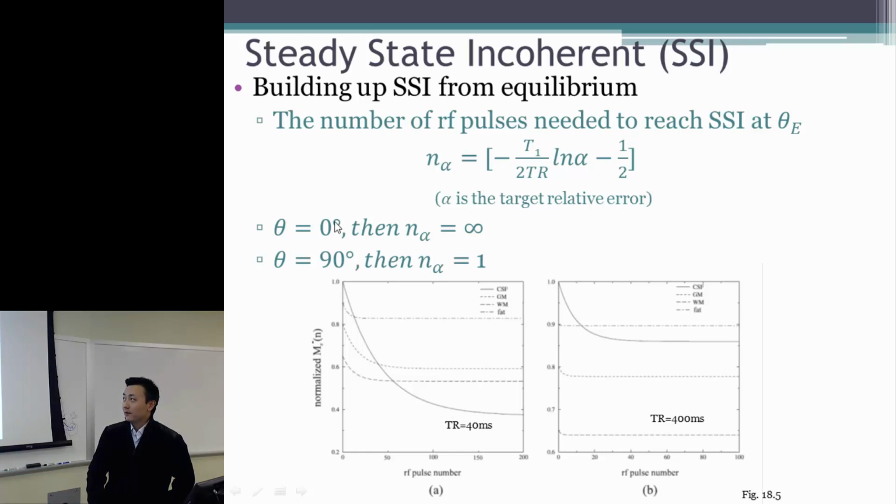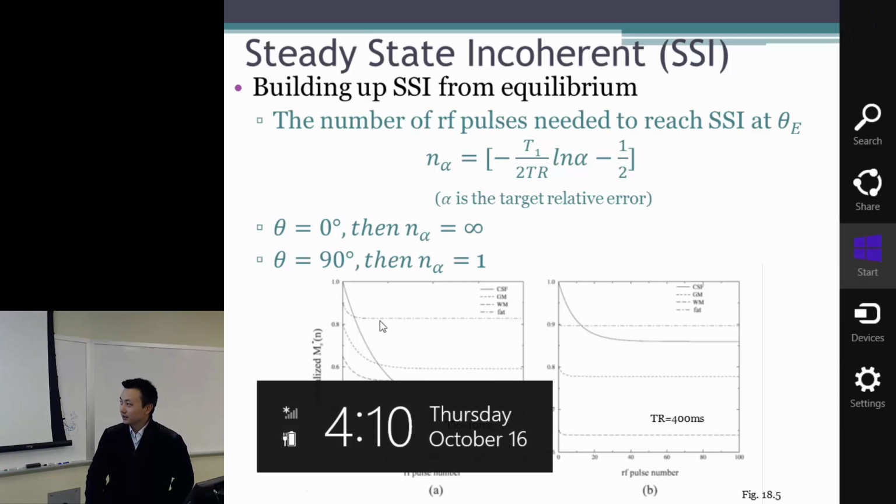From here we can say that if we use a flip angle of 0, then we naturally need infinite numbers of pulses to reach steady state, right? And if we have a flip angle of 90 degrees, then we only need 1, and we can immediately achieve the steady state.